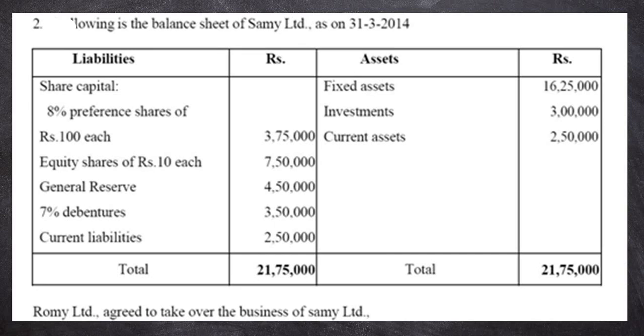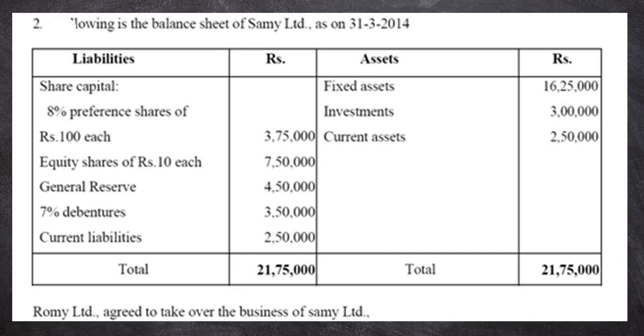For calculating the purchase consideration under net asset method, we have a formula. Purchase consideration is equal to assets taken over minus liabilities taken over. So we are going to take all the assets and the liabilities.